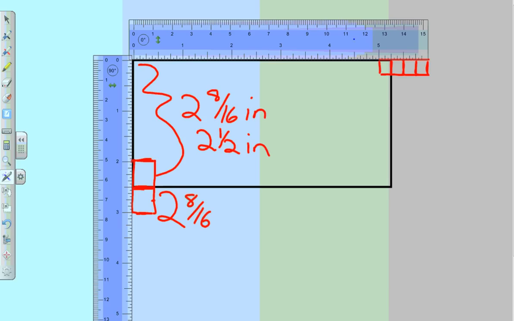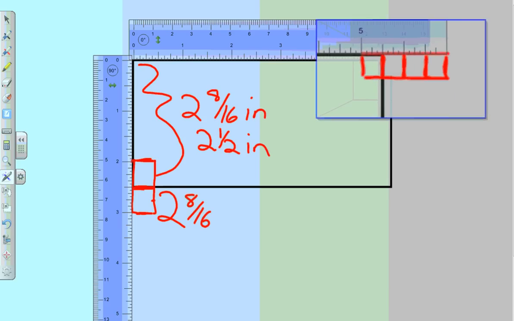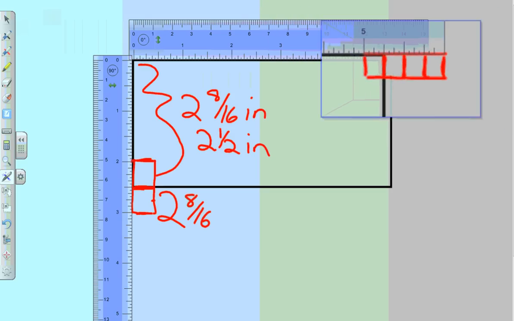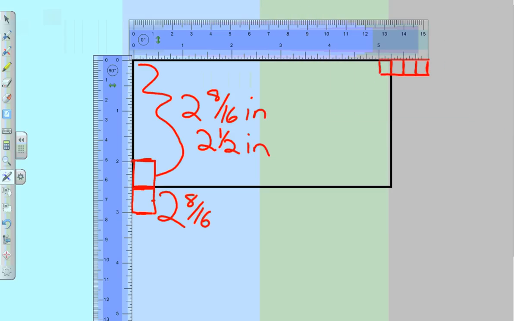Now we can zoom back in and have a look at this measurement. We can see that it goes right to the 1, 2, 3, 4th mark out of 16. So that would be 4/16. 5 4/16 inches, which is actually the same as 5 1/4 inches.